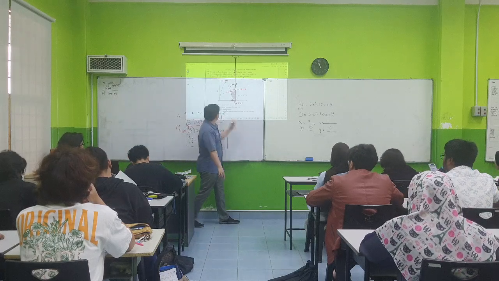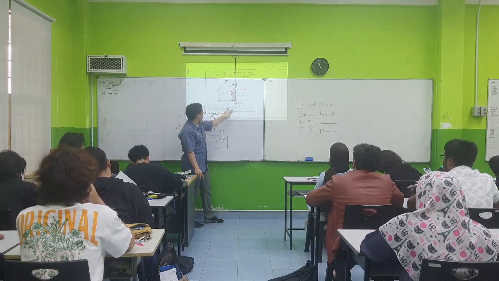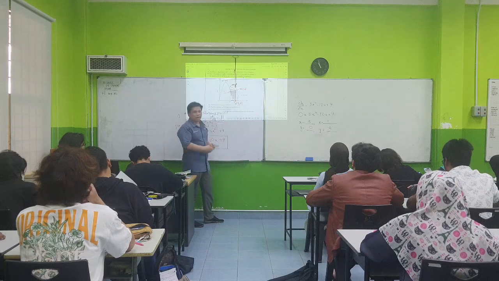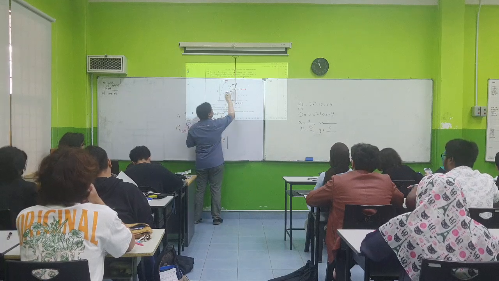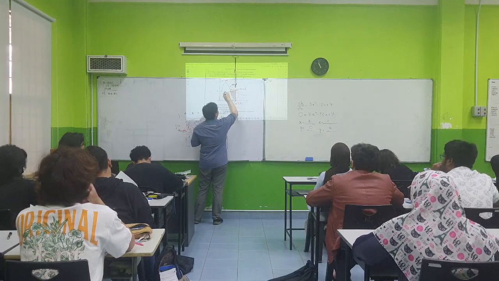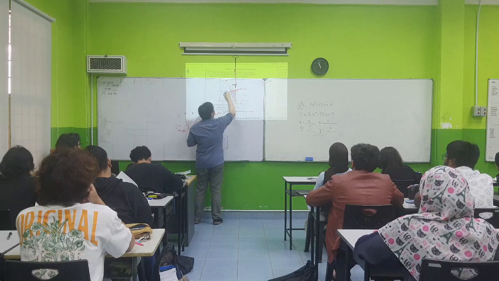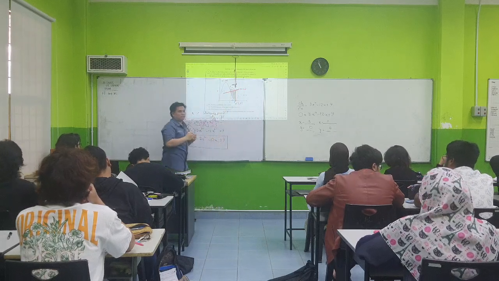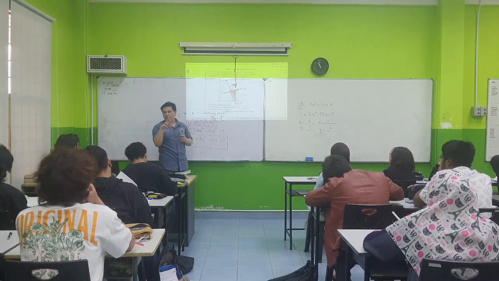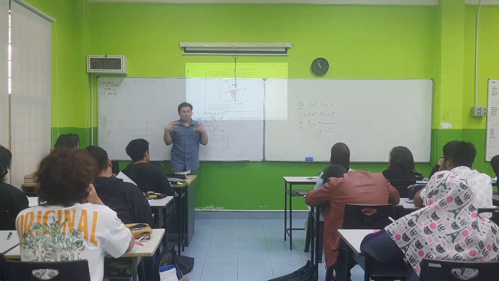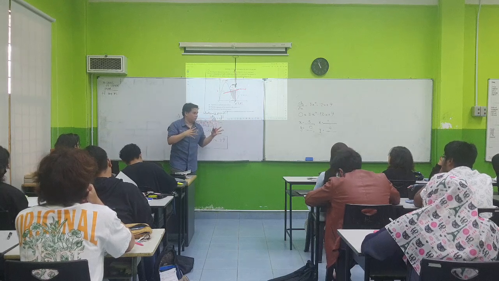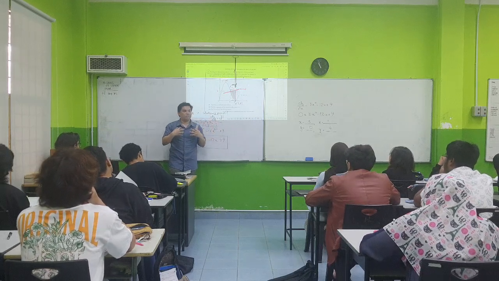Find the equation of the normal to the curve at C. I need you to find this normal. In order to find the normal, what do I need to find first? The normal does not stand alone. It has to depend on someone, then only you can get the gradient of the normal.